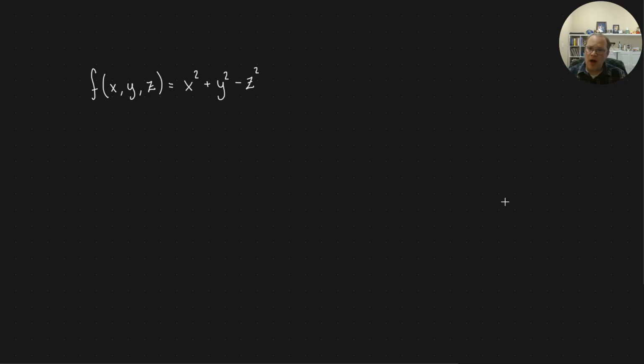Now, first off, I want to note that we cannot visualize this as just a spatial shape because it involves four variables, the three input variables, x, y, z, and then the output variable. That's four variables. We cannot visualize four-dimensional space, all right?